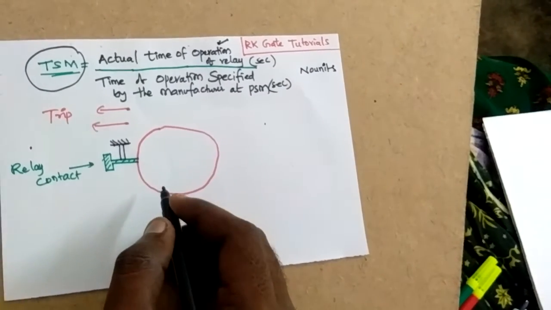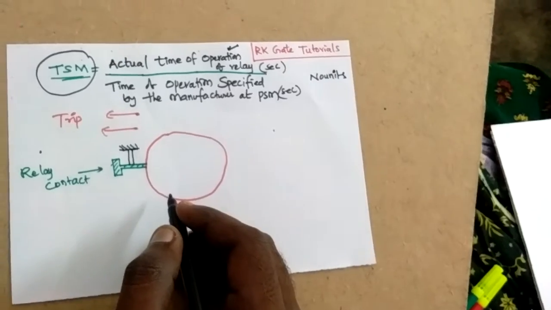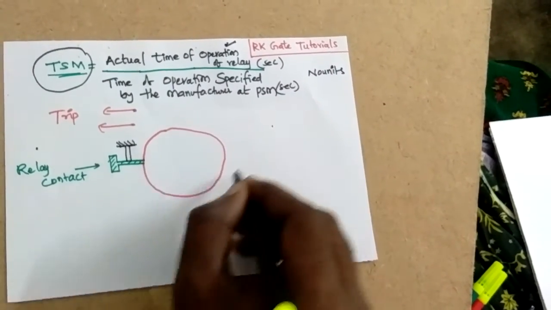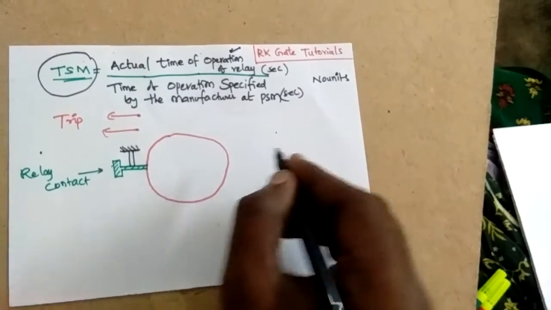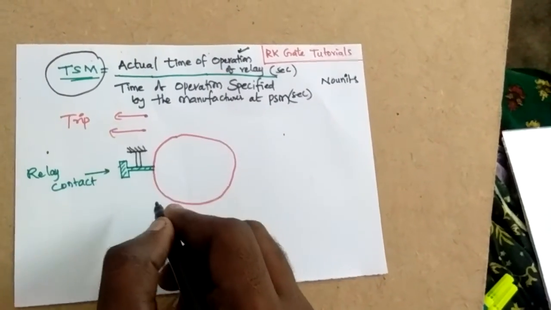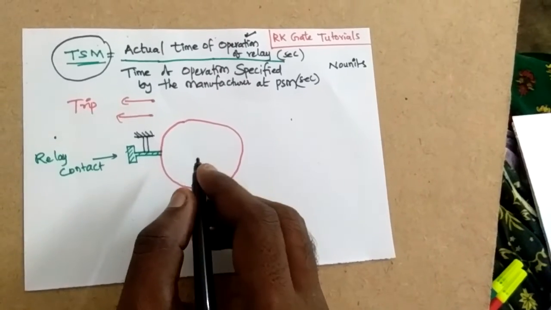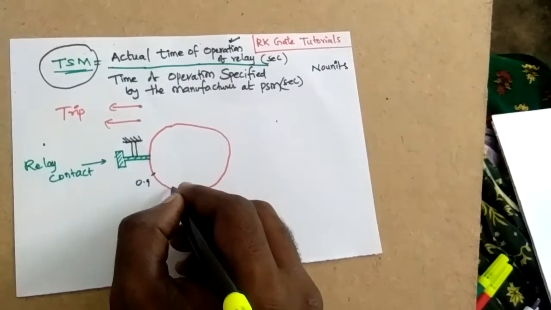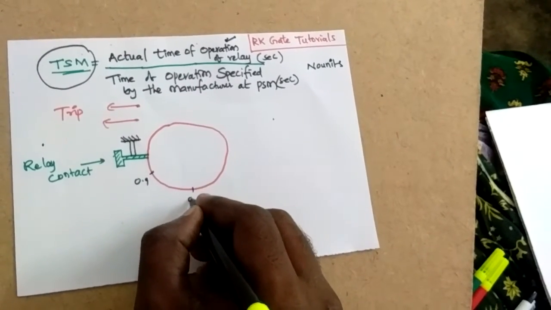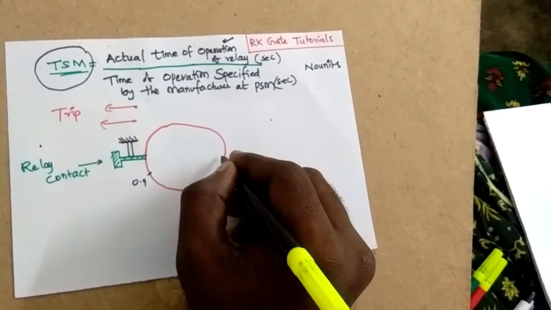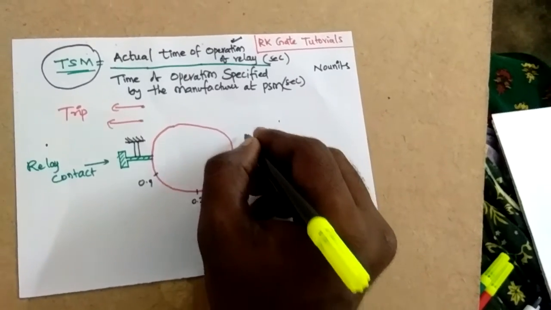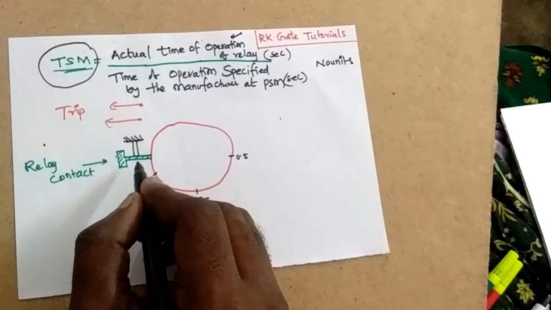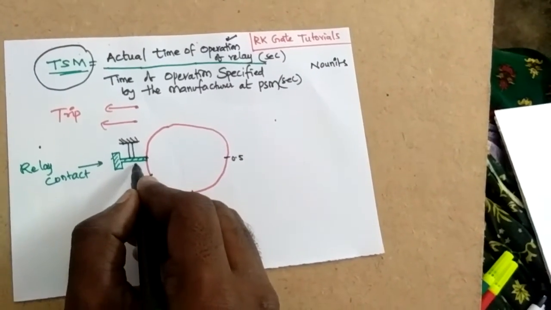This is the backstop. Now what is happening? It is given with different values. To make the complete revolution, from here to here, let us say it is 1.0. And here 0.9, here 0.75, here 0.5. Like that, the ratings will be given on the disk.